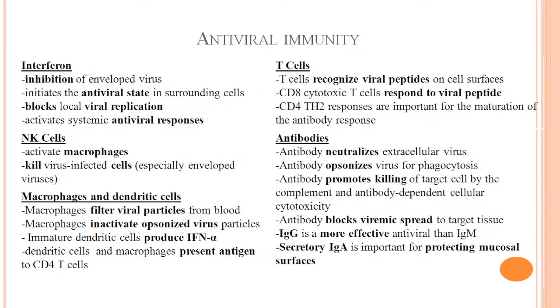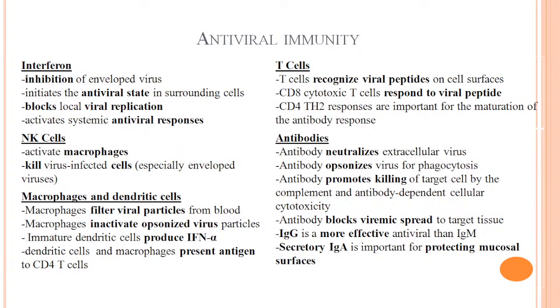Another immune mechanism of antiviral immunity is T cells. T cells recognize viral peptides on cell surfaces. CD8 cytotoxic T cells, I remind you, are T killers. Don't be confused with natural killer cells. Natural killer cells are also called null cells.